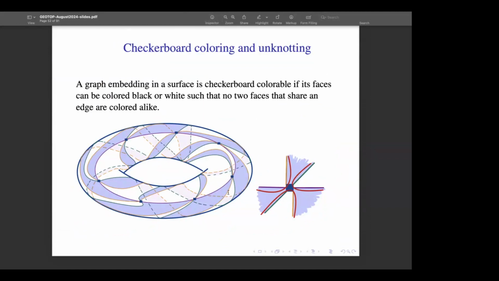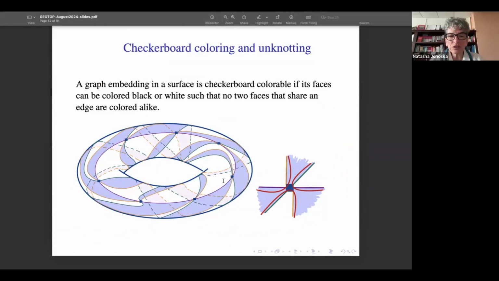Well, the embedding is such that once you do checkerboard coloring, that's it, because now you do traverse it. I'm not claiming that we have found one traversing that is unknotted. If I follow the yellow by itself, so if I follow the yellow here and yellow here, I would cross this vertex.